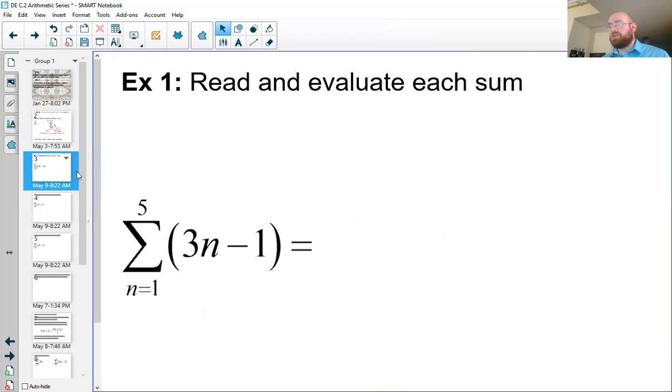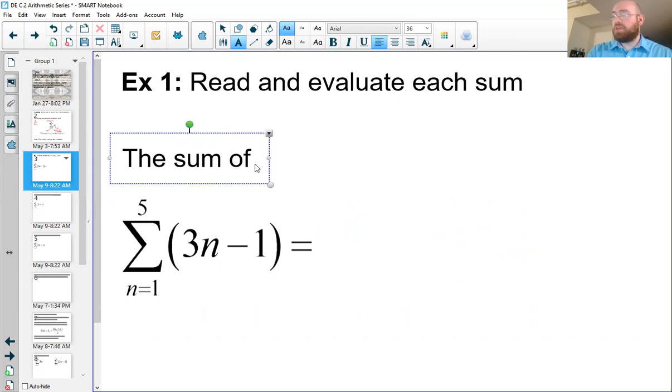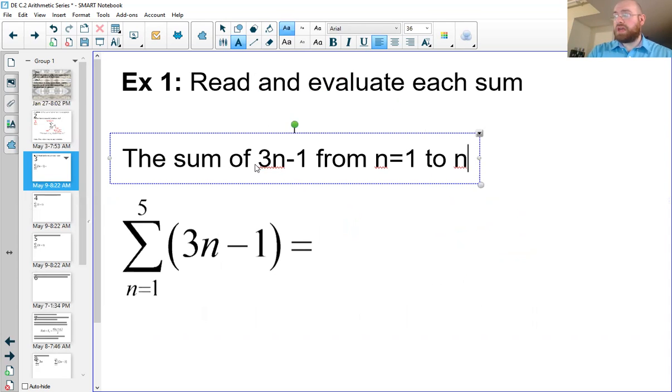Now if we wanted to read this, it would be the sum of 3n minus 1 from n equals 1 to n equals 5.